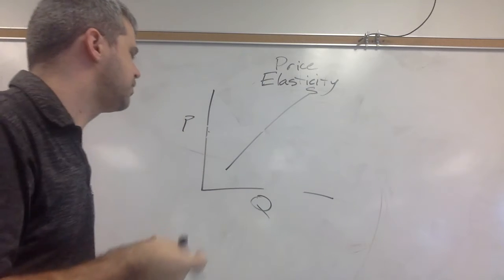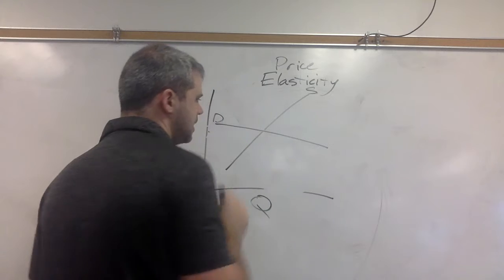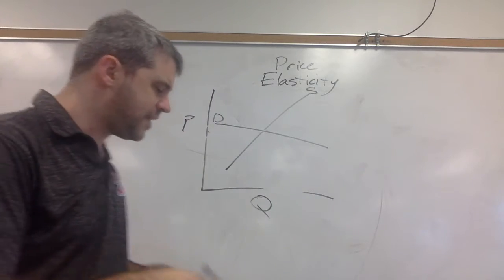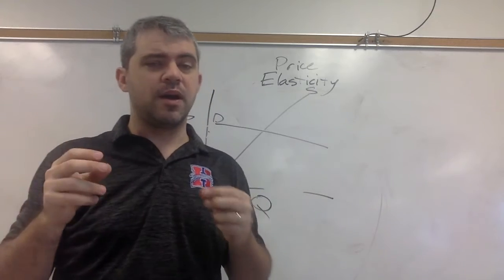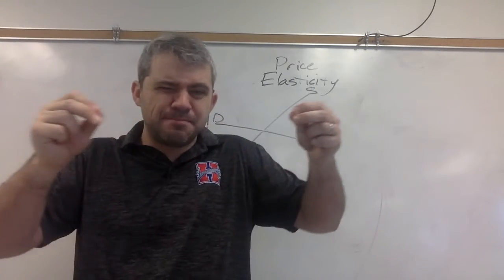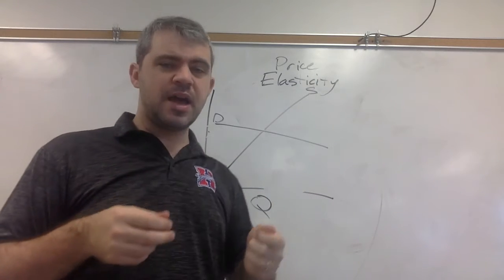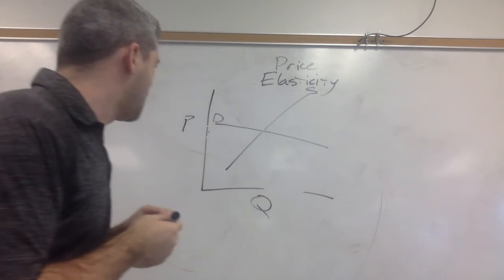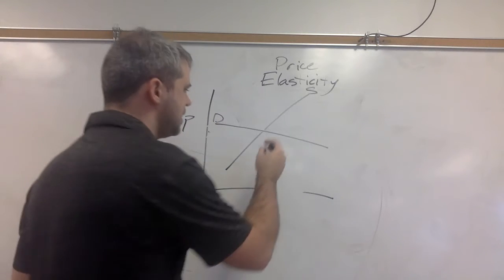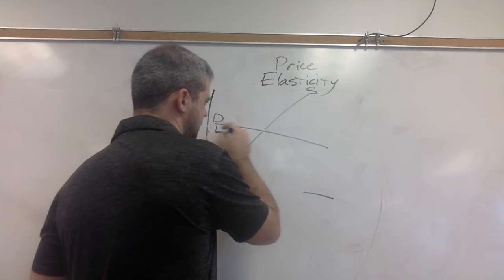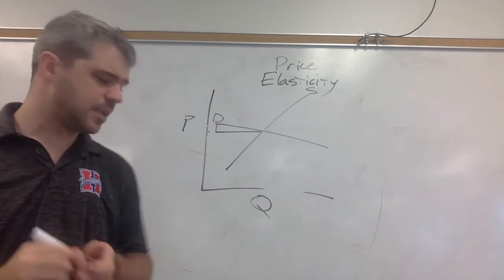So let's start off with something that is elastic. Now, if you want to think about what elastic means, think about a rubber band, where if something is elastic, it moves a lot when you try to move it. If it's elastic, then a small change in price leads to a very large change in quantity.